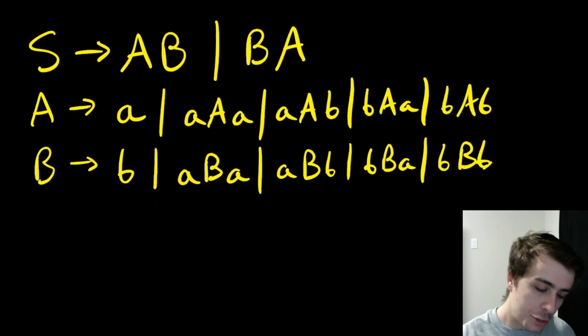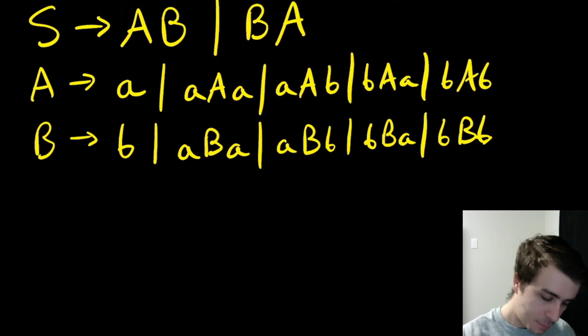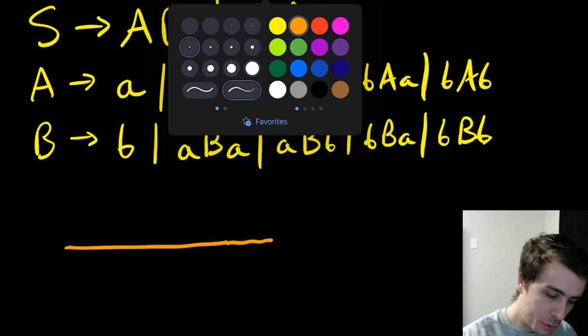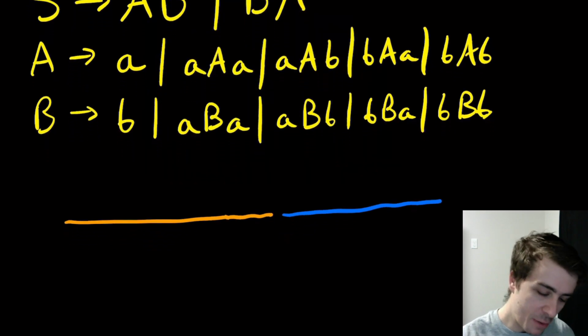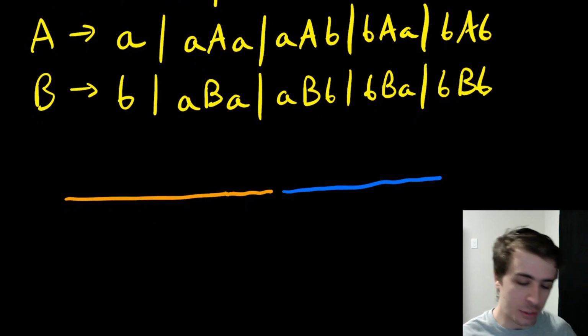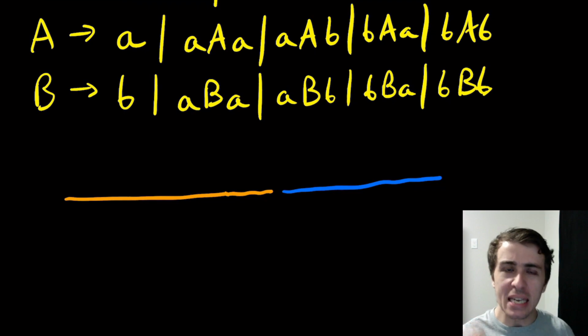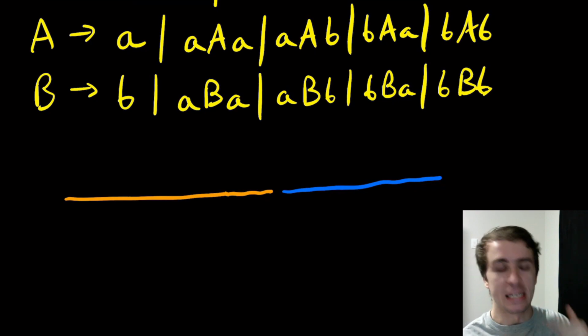Okay, so what we can notice here is that let's say that this is the part that the A variable produces, and this part is the part that the B variable produces. And they do not have to be the same length. They absolutely don't. But we'll see a technique to show that there is a way to manipulate it so that it is.